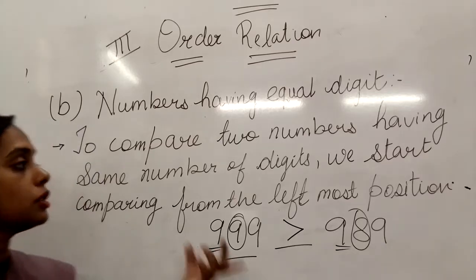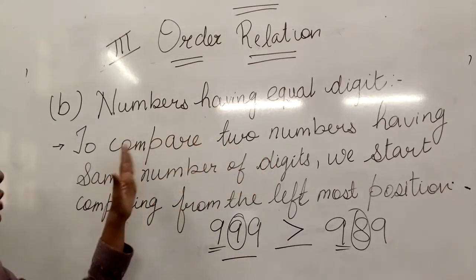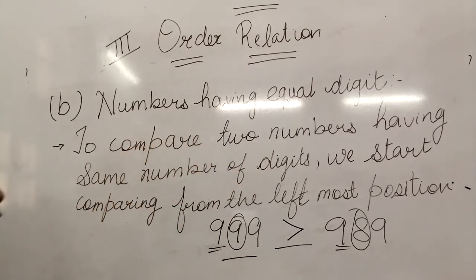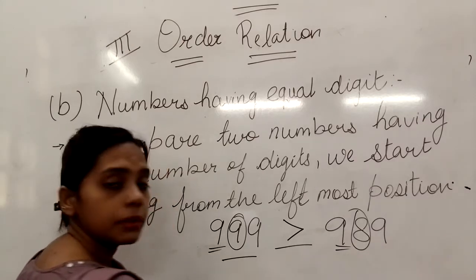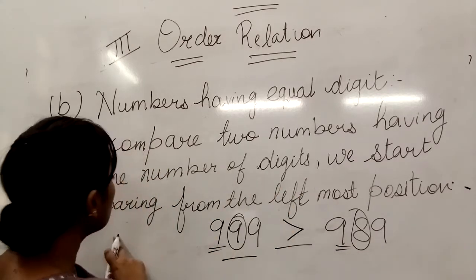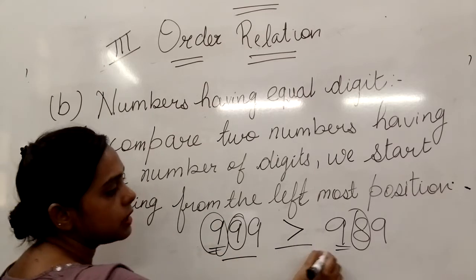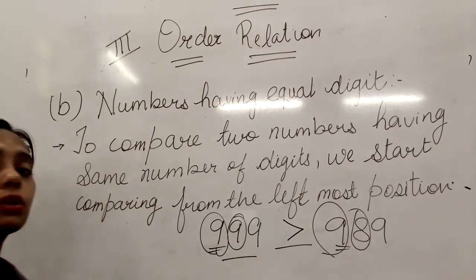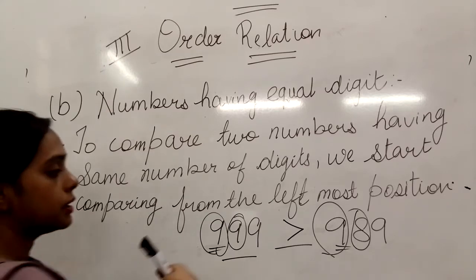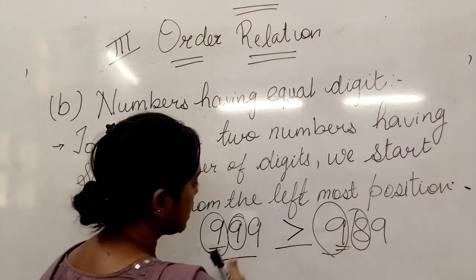So the number with the greater digit is the greater number. Understood? तो यही टीचर ने यहाँ पे लिखा हुआ, to compare two numbers having the same number of digits, यहाँ पे हमने क्या किया है? Same digits से हमने उसको compare करना है. We start comparing from the leftmost position. You know the first position of the number is the leftmost position. ये दोनों same है. We will skip that digit and we will go to the next digit, that is 9 and 8.